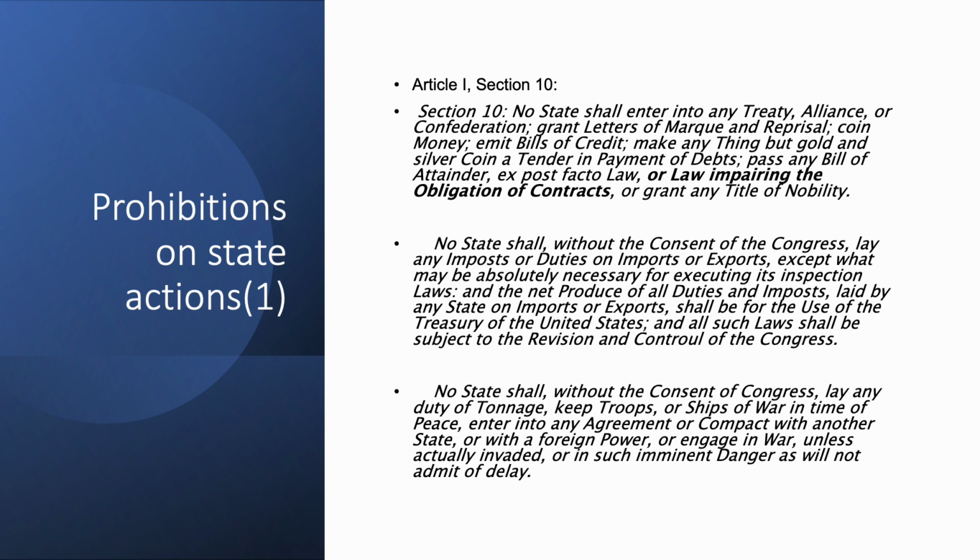Maybe the interest rate was too high. And the state said, well, if the interest rate is above 8%, you're not going to get paid back. In other words, they were impairing the obligations or blocking the enforcement of contracts that had already been entered into. Well, the states can't do that anymore. Contracts are supreme. And you can see on and on. They can't tax imports and exports and so forth.